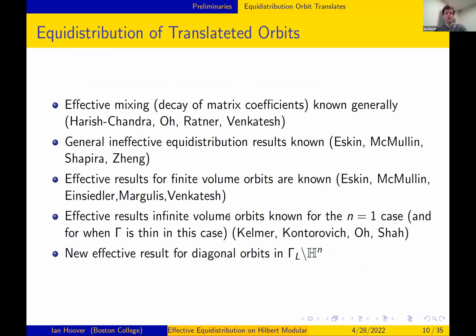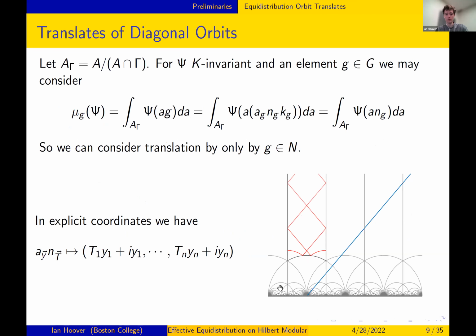There are effective equidistribution results for the translates of finite volume orbits. And more recently, there are effective results for translates of infinite volume orbits, but as far as I'm aware, only for the n equals 1 case. That would correspond to the picture that we have here on the bottom right. This is the n equals 1 case, where the Hilbert modular group is only SL2Z.